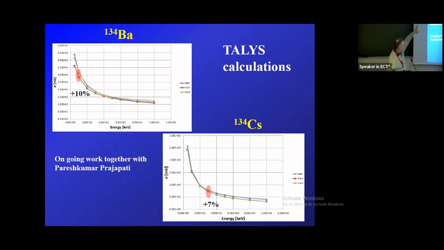I was focusing on the fact that passing from KADoNiS to the new version, there is a 10% discrepancy, and that the theoretical calculation of TALYS is exactly within the KADoNiS framework. The new value is due to the improvement in some nuclear data. No, it's just the way with which you are weighting the available data. And it is curious that the theoretical calculation is exactly as the KADoNiS value.